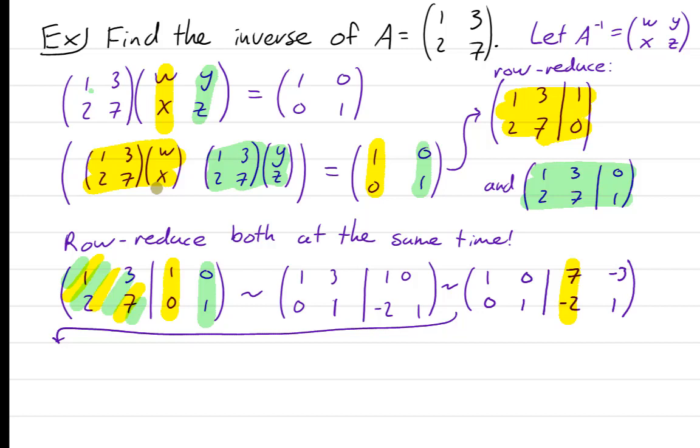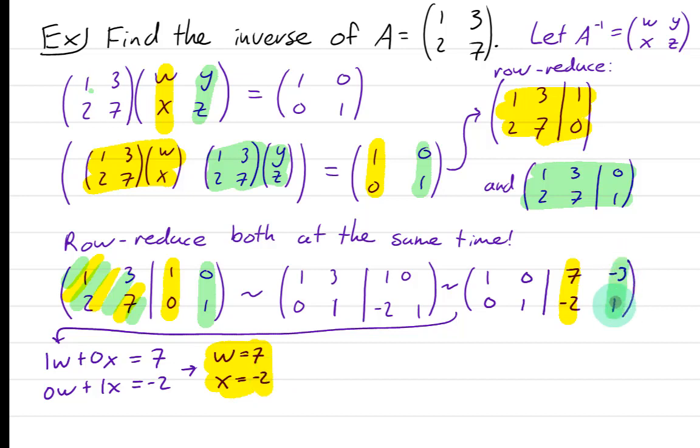So I'm going to write that as 1 times w plus 0x equals 7, and 0w plus 1x equals -2, which of course means w equals 7 and x equals -2.